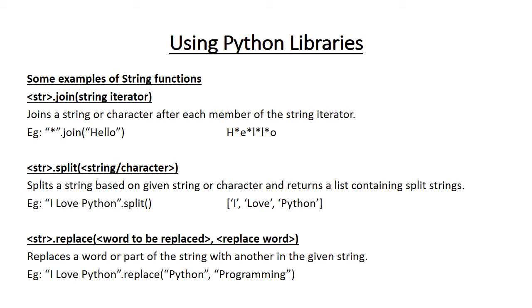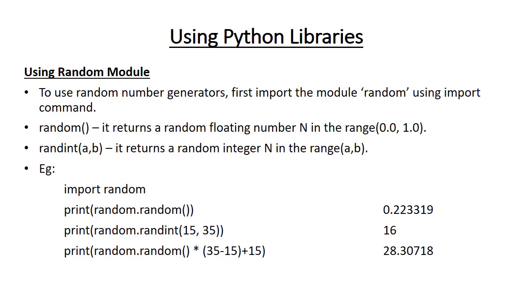Replace replaces a word or part of the string with another in the given string. For example, I love Python dot replace, where Python should be replaced with programming. So it will be I love programming.